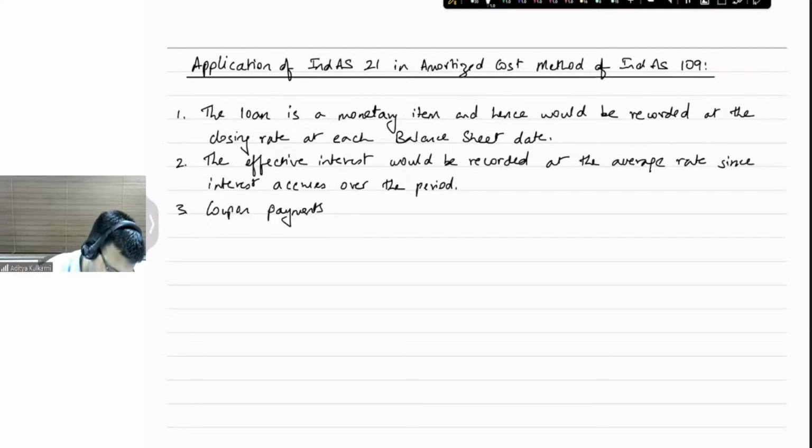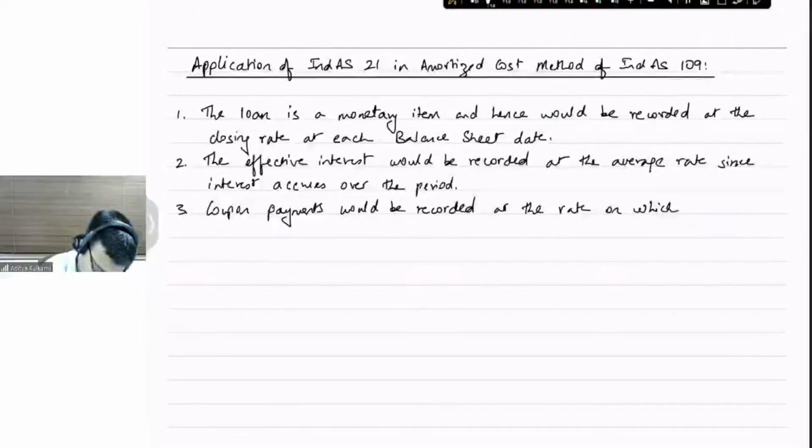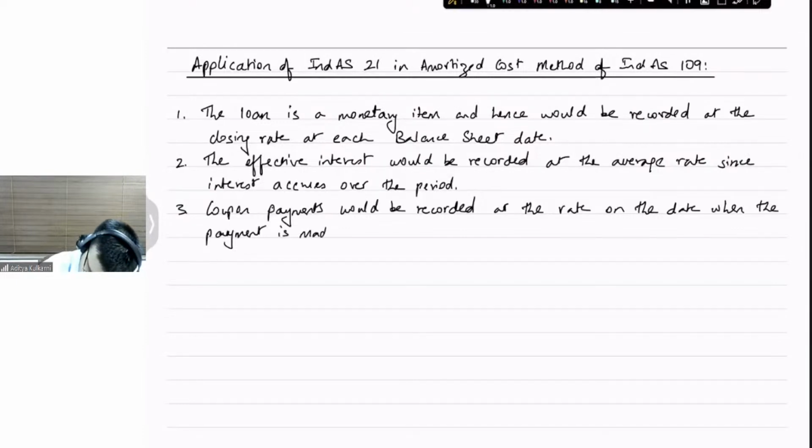Coupon payments would be at the rate on the date when the payment is made, since it is an actual outflow.